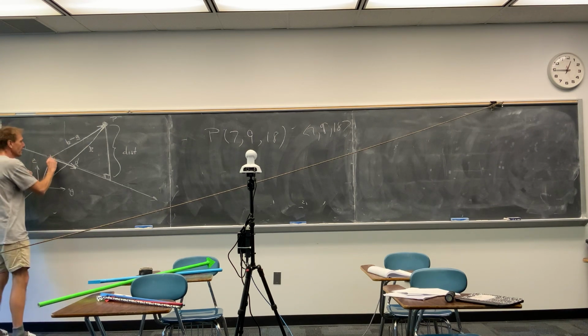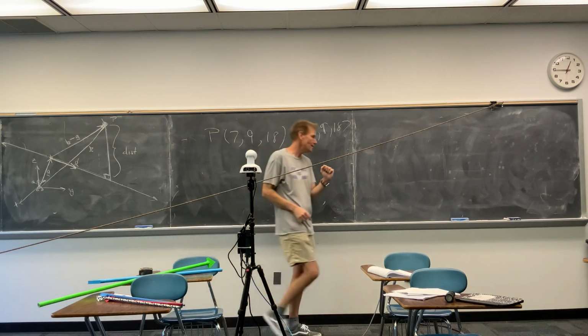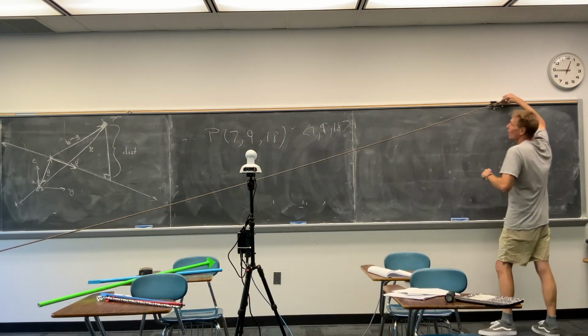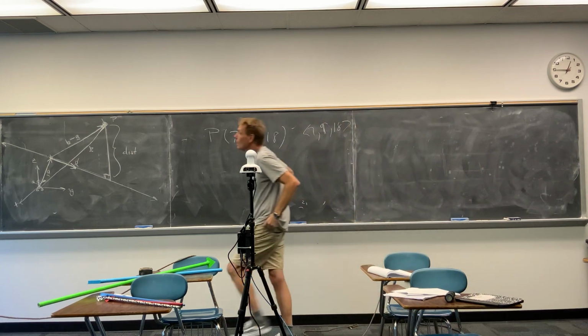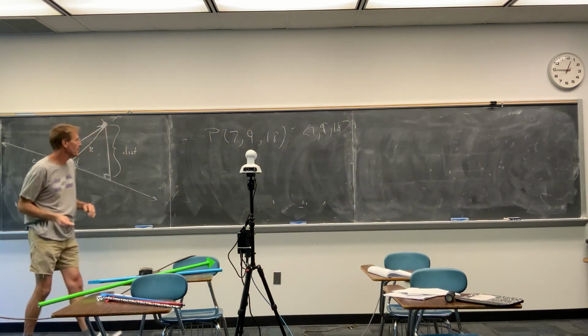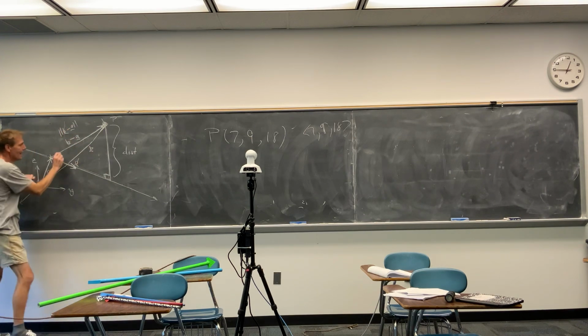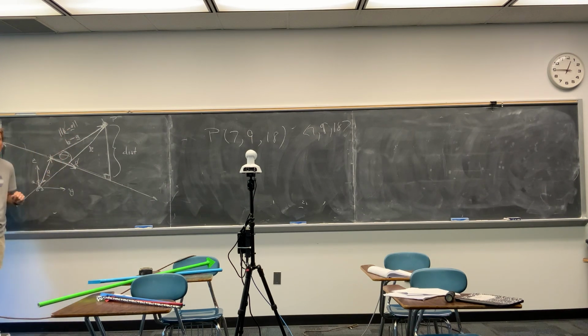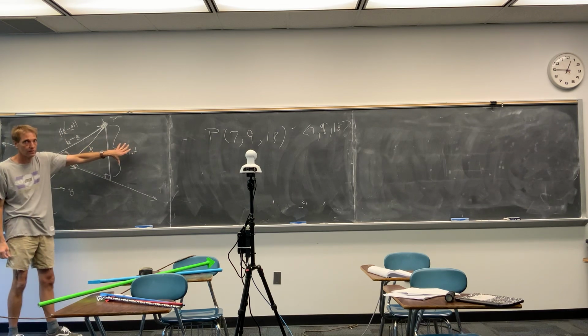How long is the hypotenuse of that right triangle? B minus A, the norm of B minus A. Imagine this is the angle theta. If this is the hypotenuse and this is theta, what would be this distance?